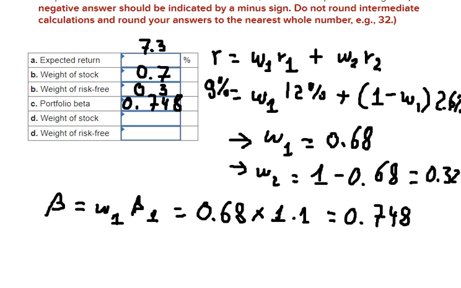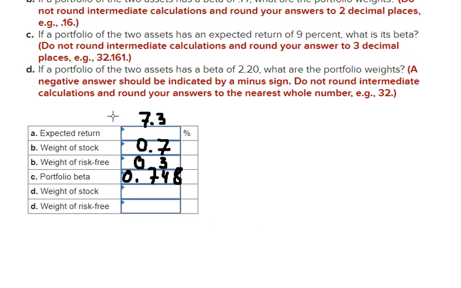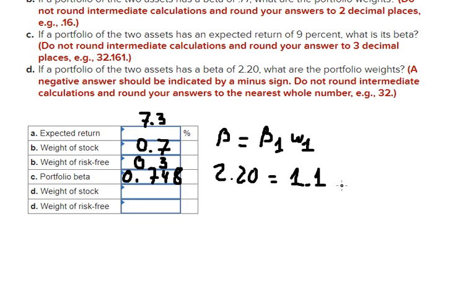And the last one. If a portfolio of the two assets had a beta of 2.2, what are the portfolio weights? In this one, we can use this formula here. We put 2.2 in here, then we divide both sides by 1.1 to find the weight of the stock.